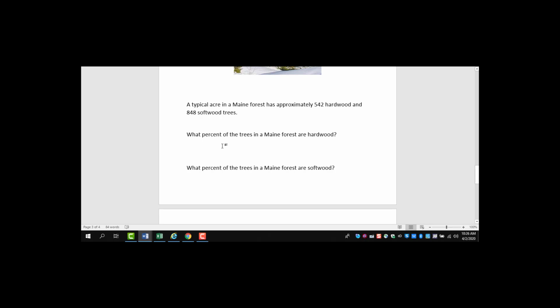Right? So this is what you can't do. Yes, you can make a ratio of hardwoods to softwoods, but then if you're trying to find out the percent of hardwoods, you've got to know the total trees, and we don't know the total trees.